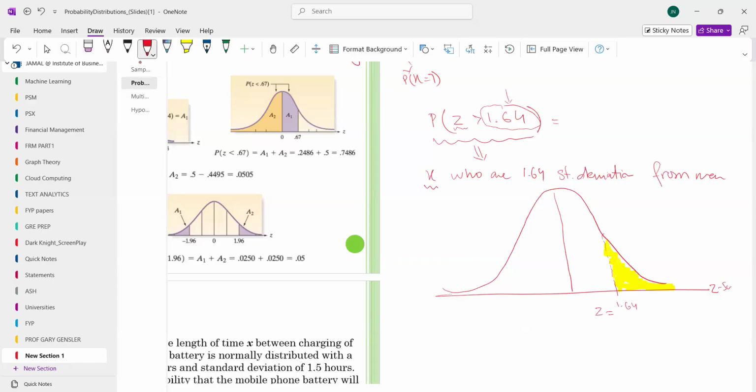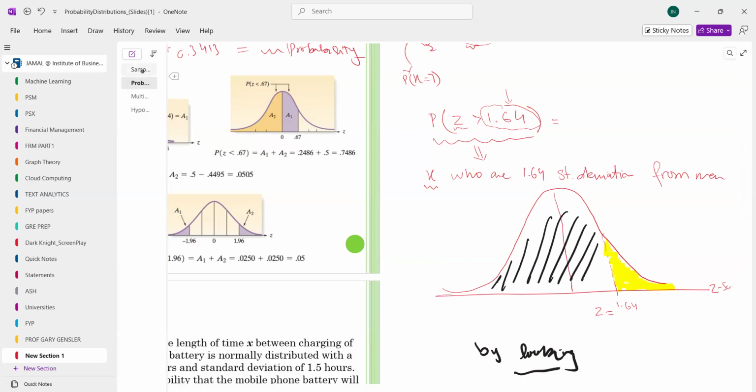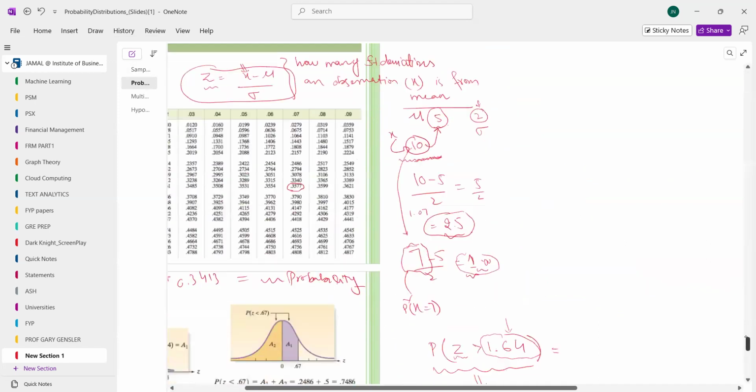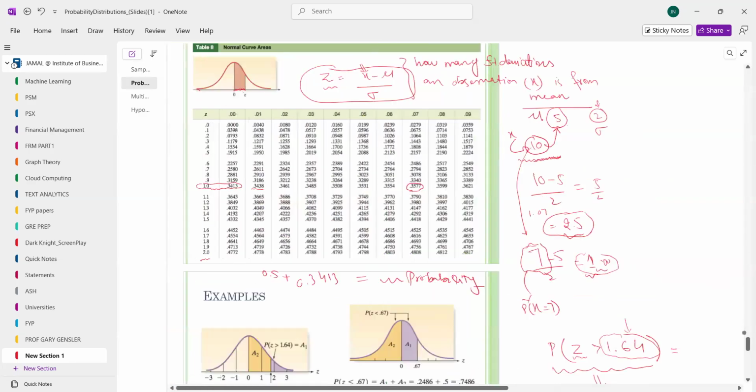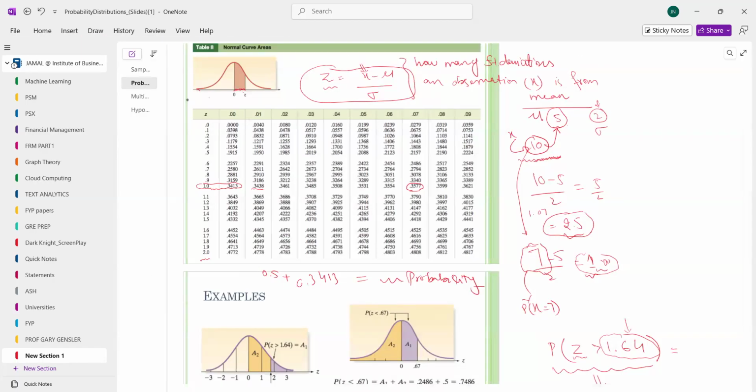And by looking at the table, so kindly follow closely. By looking at the table, what can I have? The Z table, which I'll be given. By looking at the Z table, I can have the probability of this whole part, the black part. I can find out the probability of this black part because I can go back to the table, for 1.64, right?